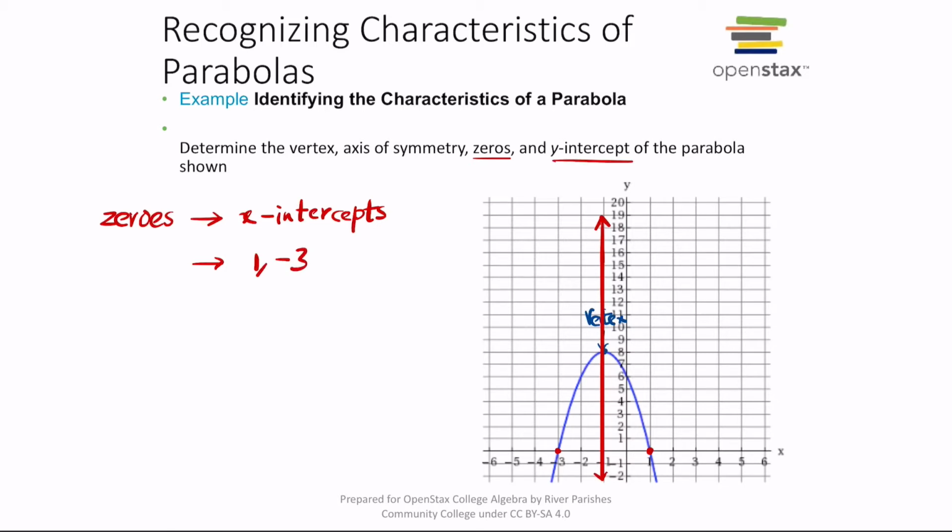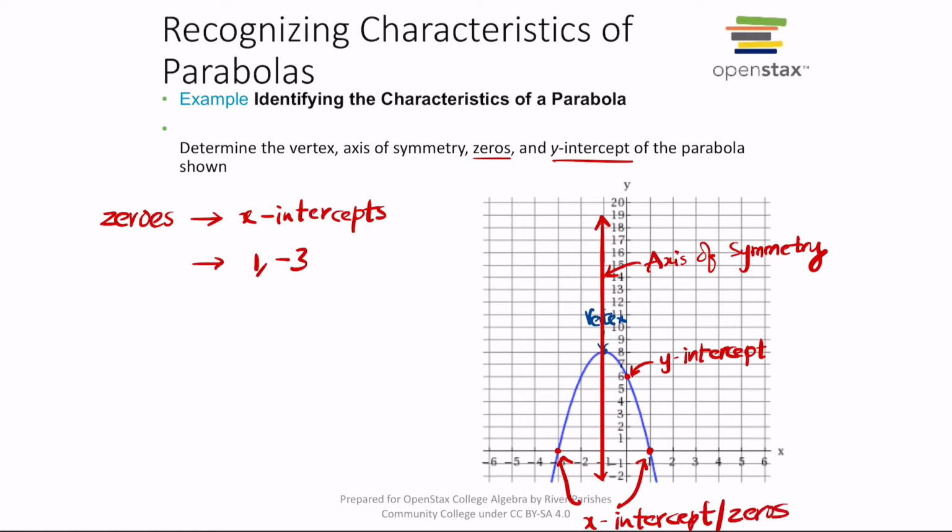So where does it cut the y-axis? It cuts the y-axis at this point here. So this is the y-intercept. These are all the points that we can find for a given parabola.